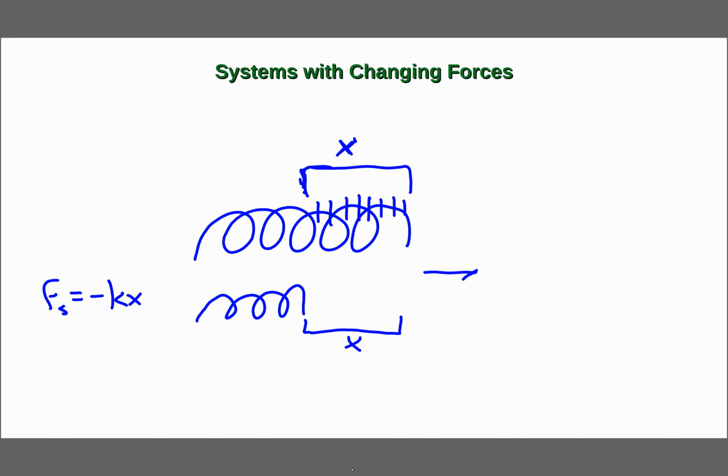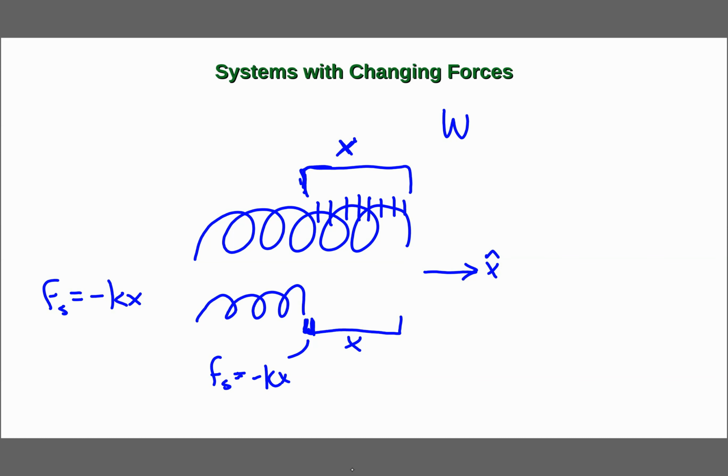And let's choose x hat this way. But if we think about the spring moving just some tiny difference, just a little infinitesimal difference, and we can say that the force of the spring equals minus kx for this little tiny distance, okay?